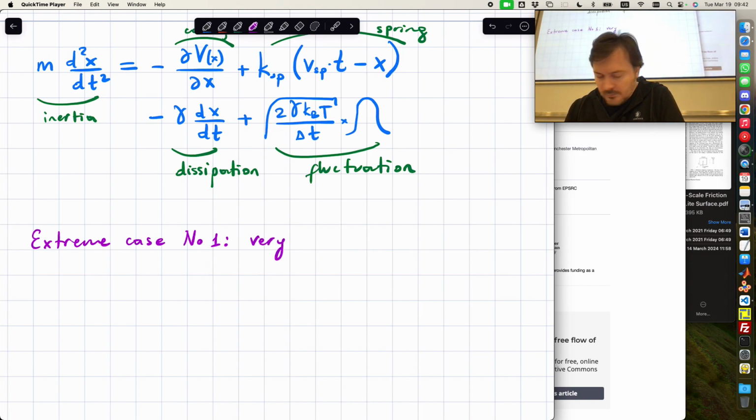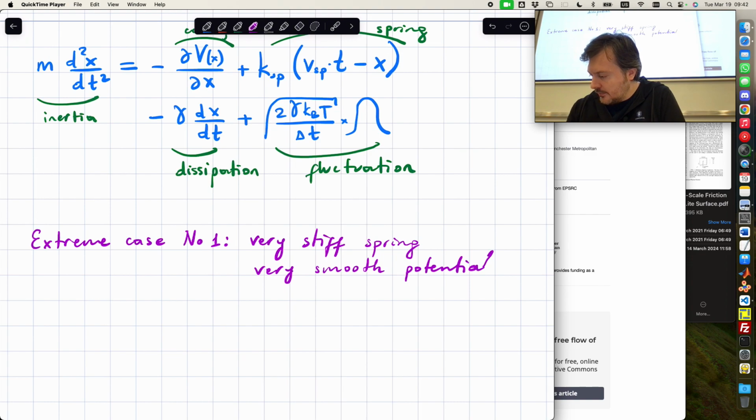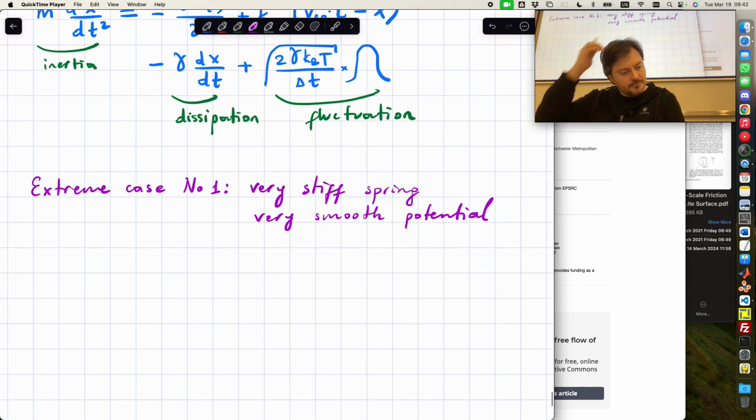Very stiff spring, very smooth potential. What do we have here? Basically, if you draw the potential of the spring, it looks like this, okay?